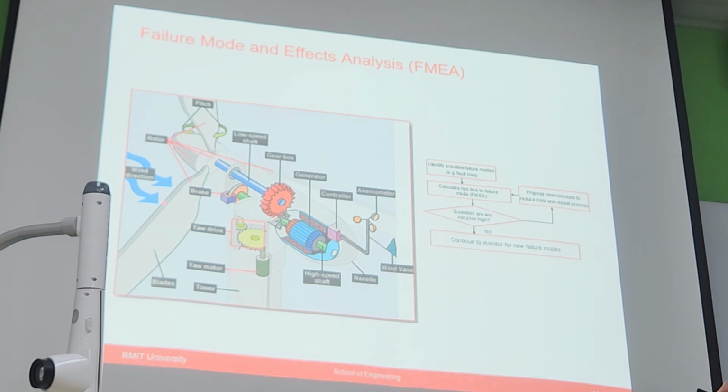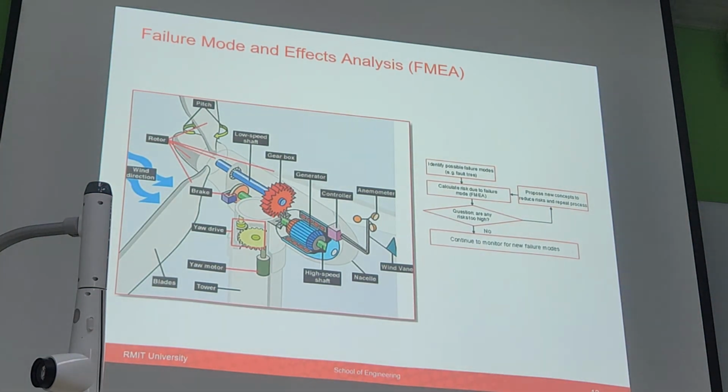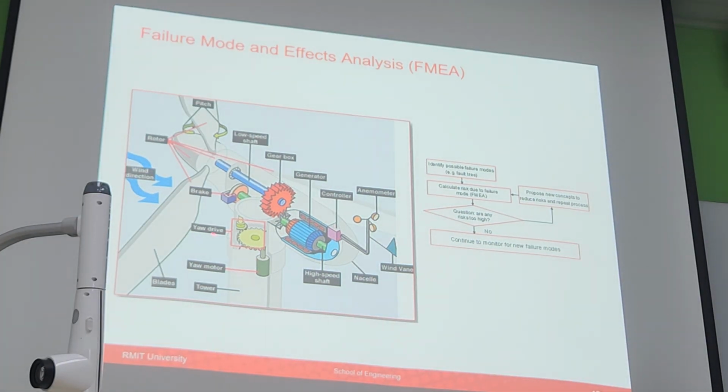The wind direction comes to the blades, and once the blades rotate, we generate electricity. How many parts are there? You can see we have a lot of parts.